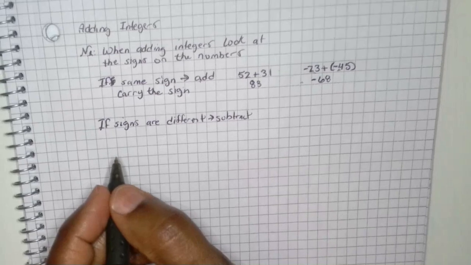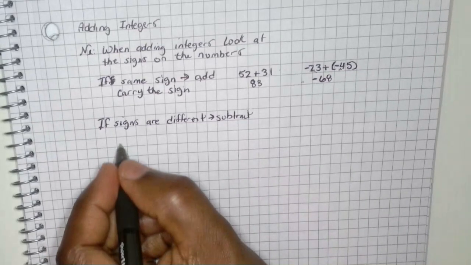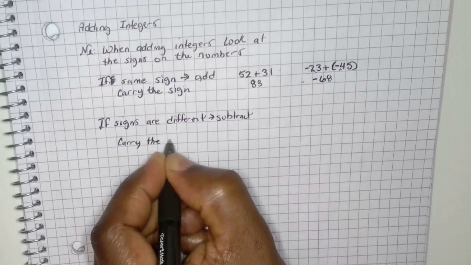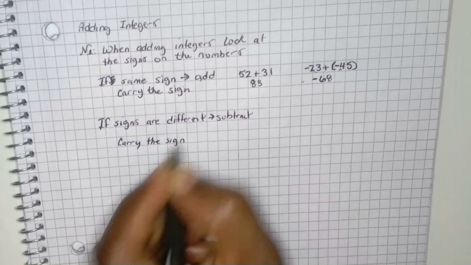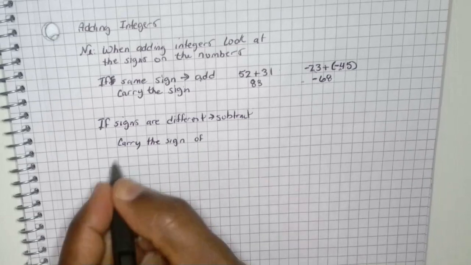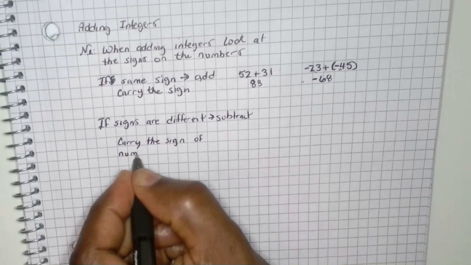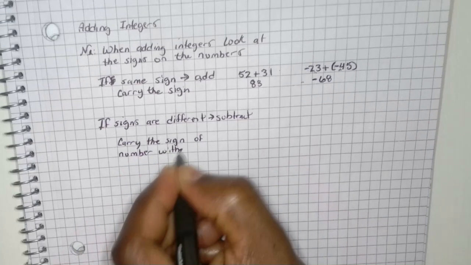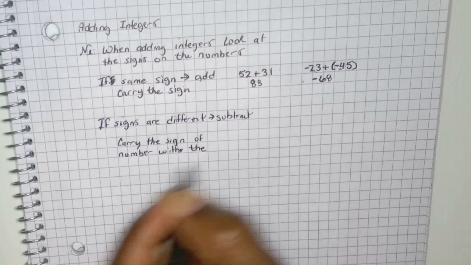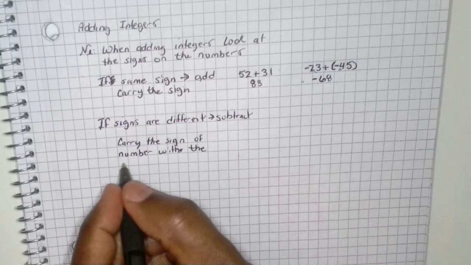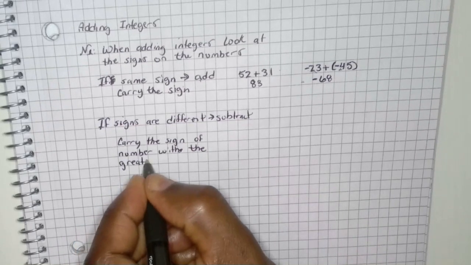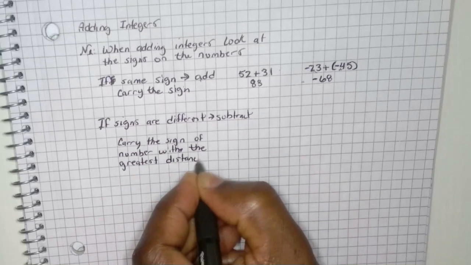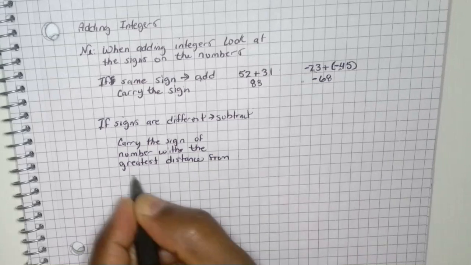But when it comes to the sign, you carry the sign of the number with the greatest distance from 0.